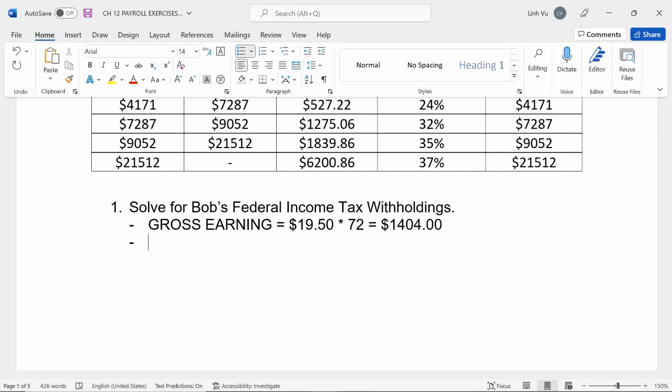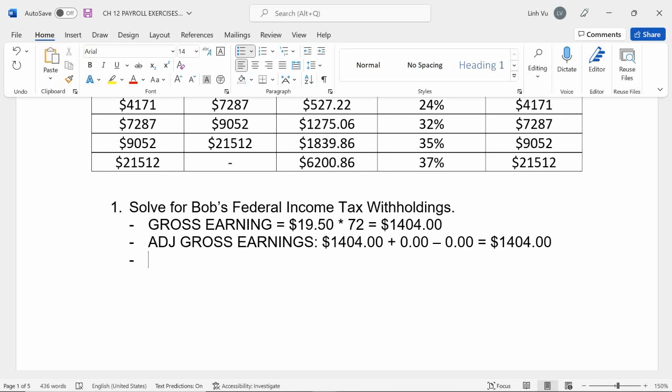His adjusted gross earnings are going to be the $1,404, since we don't add any extra income or subtract any extra deductions. That means he is subject to being taxed on the full amount of $1,404. Okay, so then what's step 3?